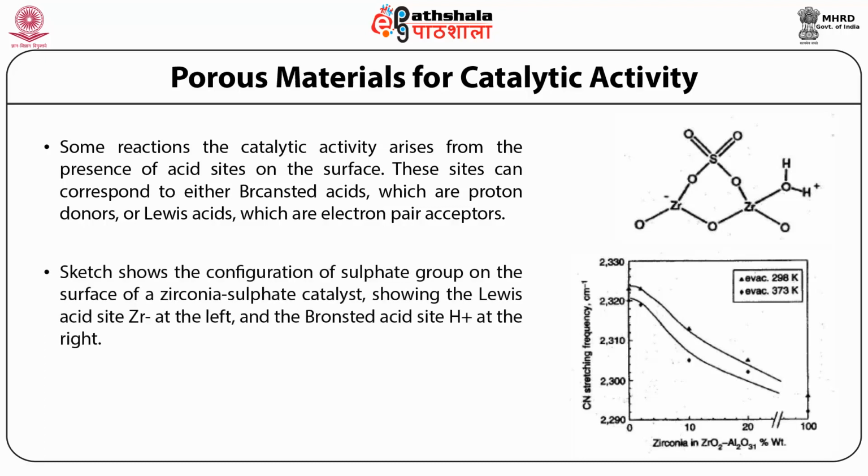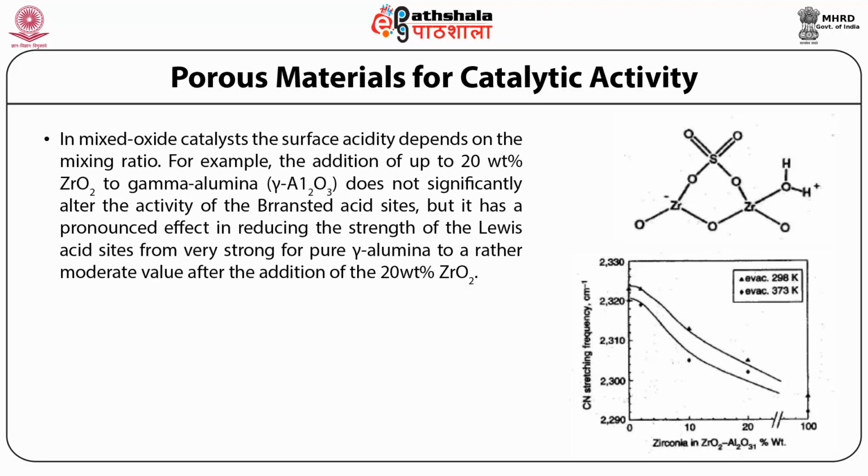The figure sketches the structure of a Lewis acid site on the left and a Brønsted acid site on the right, located on the surface of a sulfated zirconia catalyst, perhaps containing platinum, Pt/ZrO2-SO4. The figure shows a surface sulfate group SO4 bonded to the adjacent zirconium atom in a way that creates the acid site.